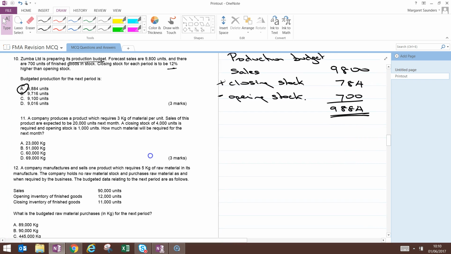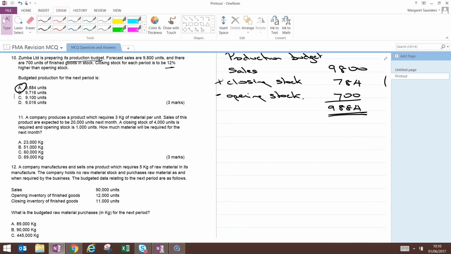The next question is asking us how much material will be required. So that's the usage budget. So if you think about your budgets, we discussed the order in which they're produced. You have your production budget. From the production budget you can do your usage.